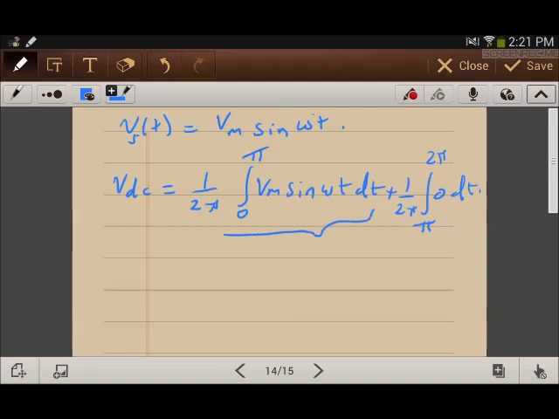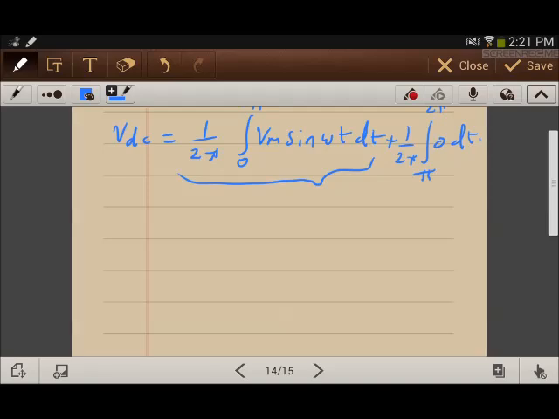So I end up analyzing this term. VDC will equal 1 over 2 pi. Take V maximum out of the integral since it's a constant. Then integrate sine omega t, which is minus cosine omega t, from 0 to pi.